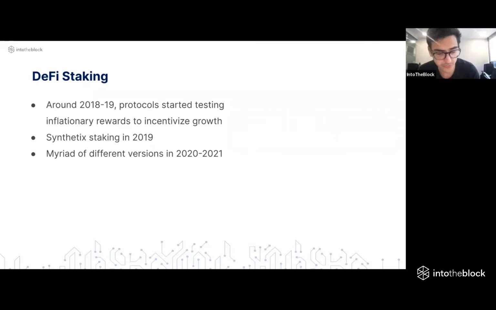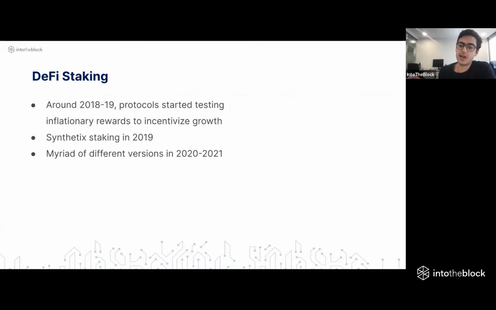One of the first few applications to do this was the Synthetics protocol, the derivatives application. They launched staking in 2019, a system in their protocol through which users would deposit SNX, their native token, and get rewards both in inflation, so issuance of SNX, as well as rewards from fees generated by the system.